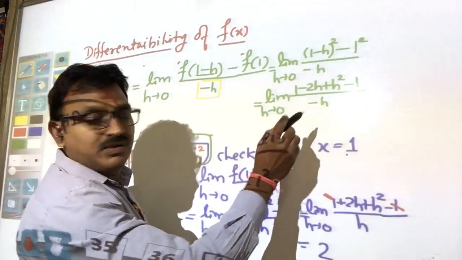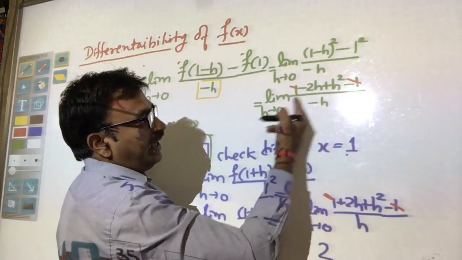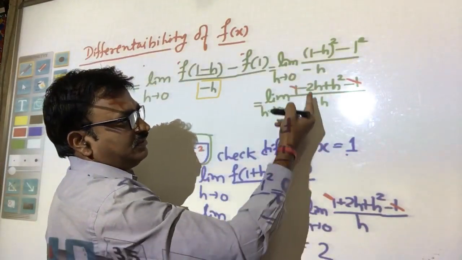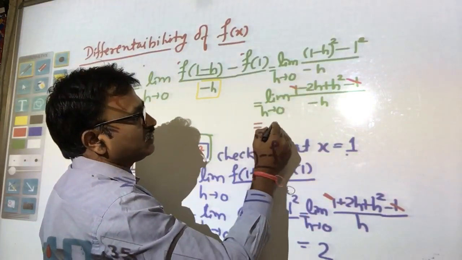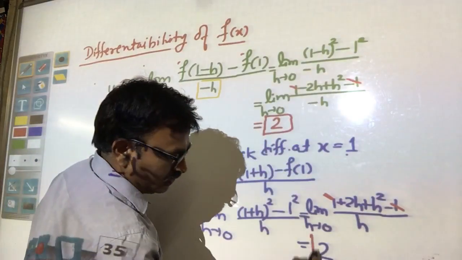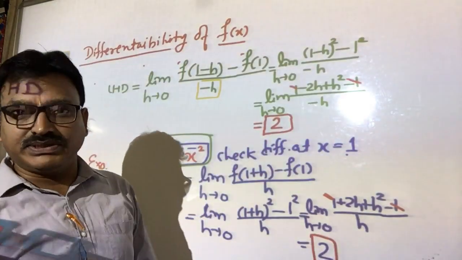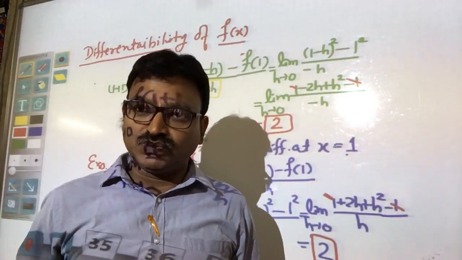Now again 1 cancelled by 1, minus 1. h will be common, with the minus sign. So the answer is again 2. We can see here this is 2 and this is 2. Therefore this function is differentiable at x equal to 1.